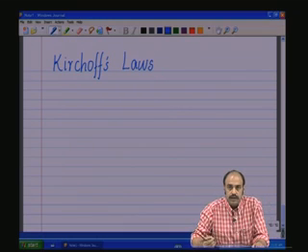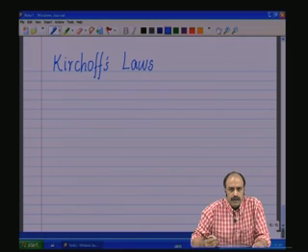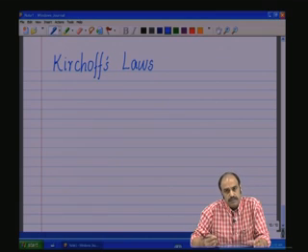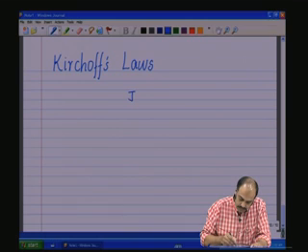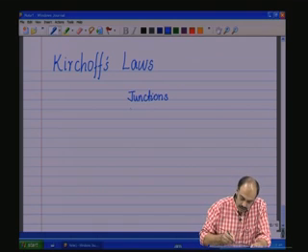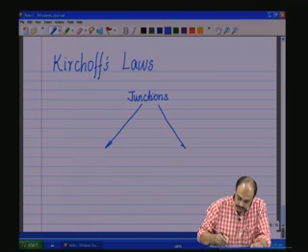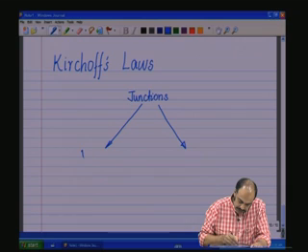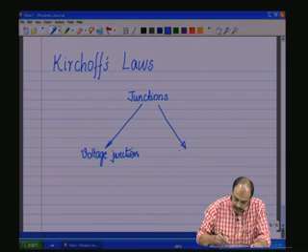Before coming to the Kirchhoff's laws, let us discuss some character of the electronic circuits. Electronic circuits are made up of junctions. And there are two types of junctions, only two types of junctions in all electronic circuits, and they are the voltage junction and the current junction.